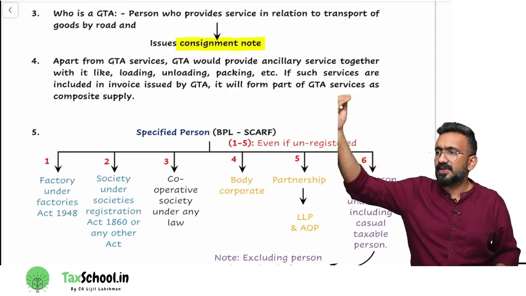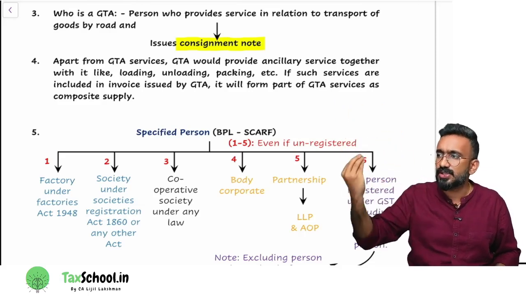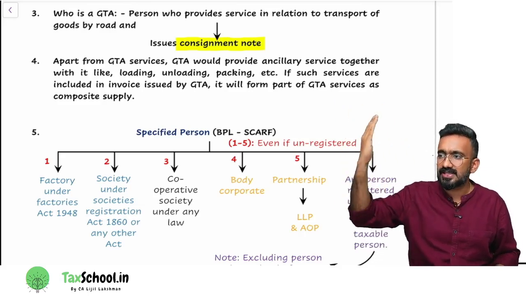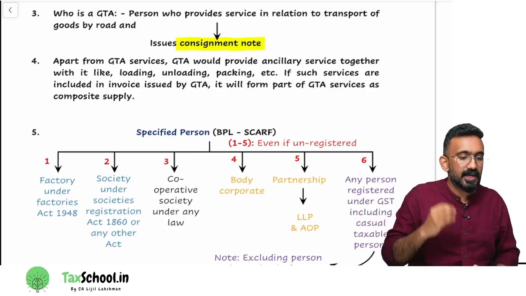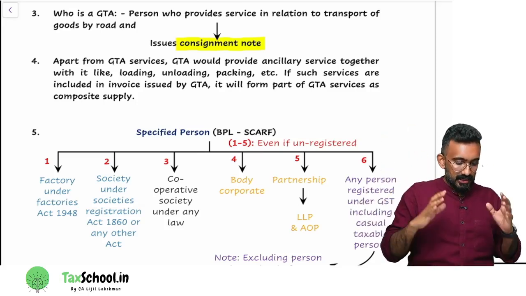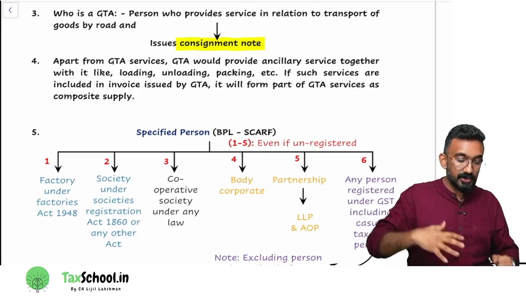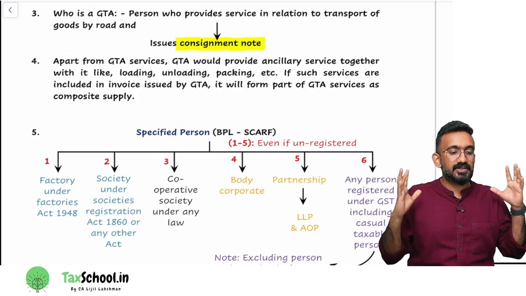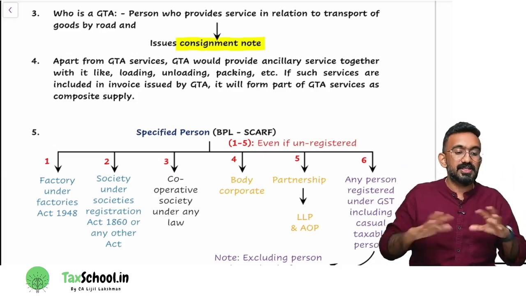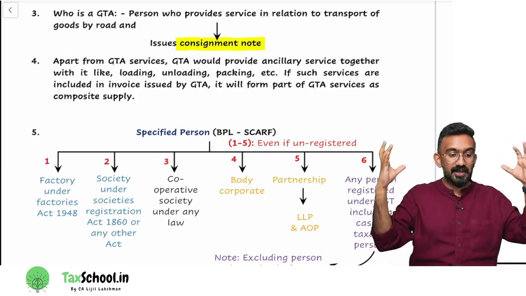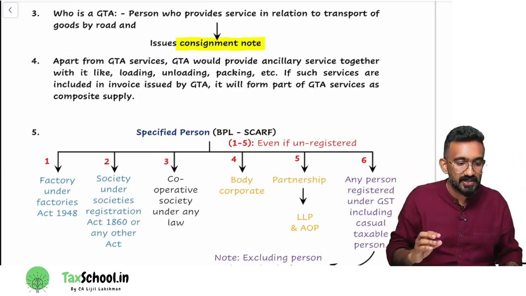If such services are included in the invoice issued by the GTA, it will form part of the GTA service as a composite supply. The concept of composite supply says it is naturally bundled, supplied in conjunction with each other, and one of them is a principal supply. Supplying transportation together with loading, unloading is a composite supply. What is the principal supply there? Goods Transportation Agency service is the principal supply.